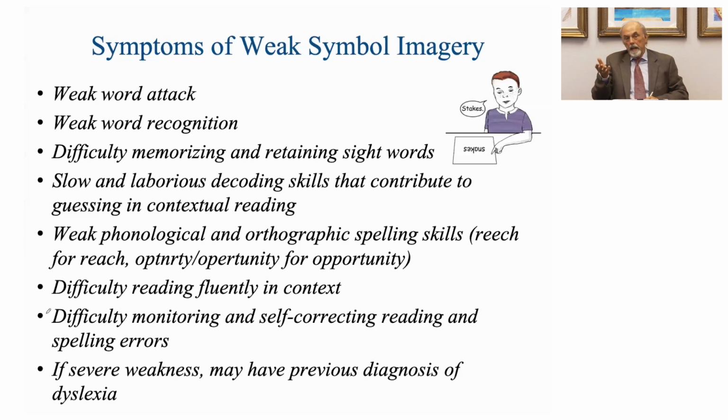What I'd like to ask you to think about is, if you have a child who can't perform these particular functions, or they show up as having difficulties, what is that going to do to their attentional behavior when they're asked to read, when they're looking at a word for the first time, as in word attack? Or if we skip down to, and in fact, we do diagnose that they have weak phonological and or orthographic processing skills, difficulty reading fluency.